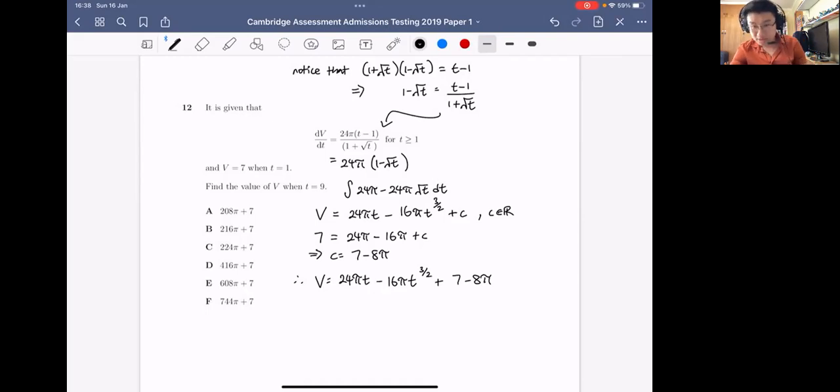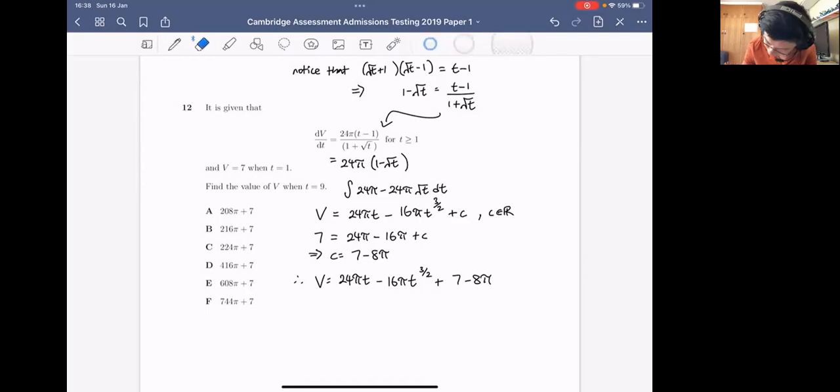Oh, I think I made a little algebra error here. This should be root t plus 1 and root t minus 1.